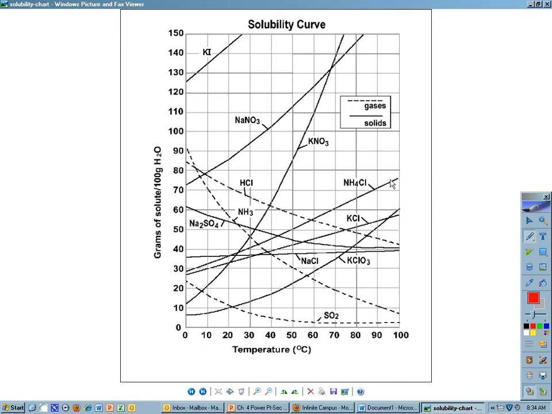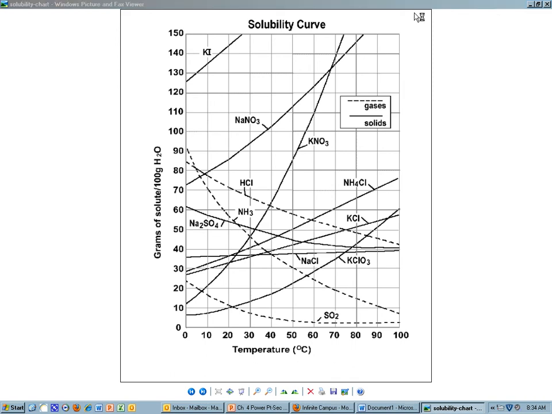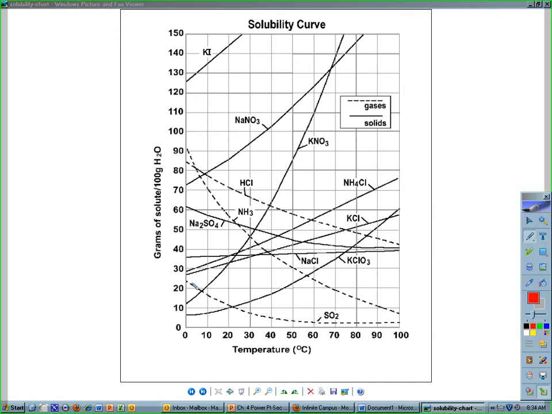Now the catch is that these dotted lines are gases. And what do they do as temperature increases? They don't dissolve as well. Gases generally dissolve worse as temperature increases. So this is a general rule. All right?